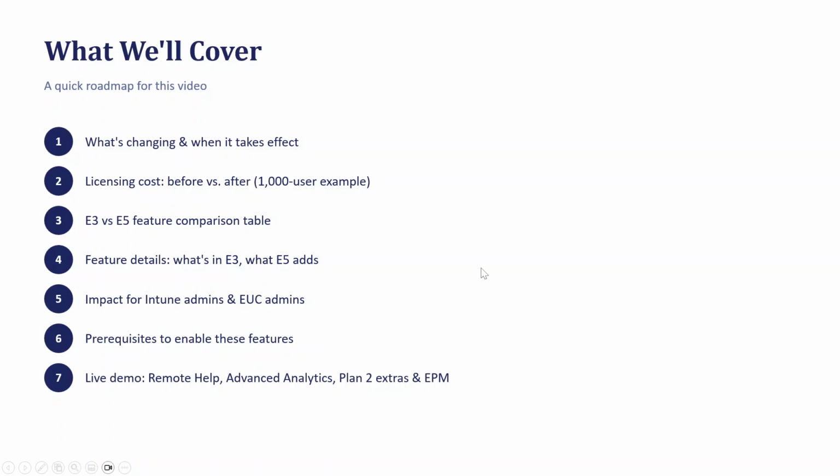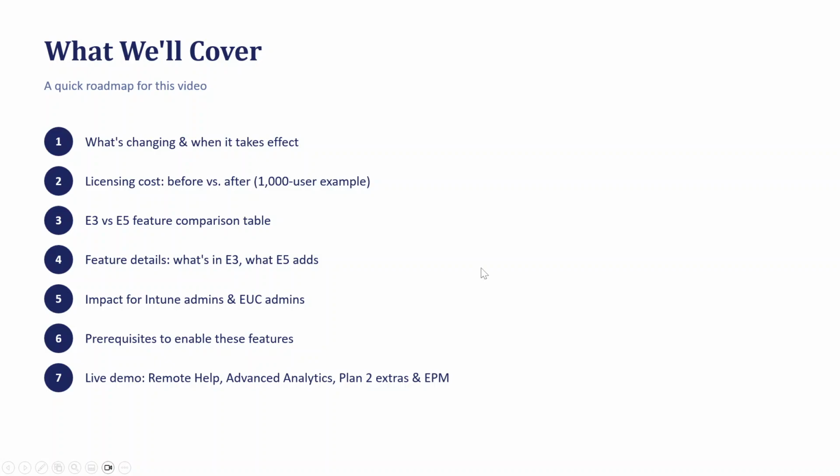So feature detail: what's in E3 and what's added, what E5 adds, impact for the Intune admin and the UC admin, and prerequisites to enable this feature, because there are some prerequisites which you need to enable.